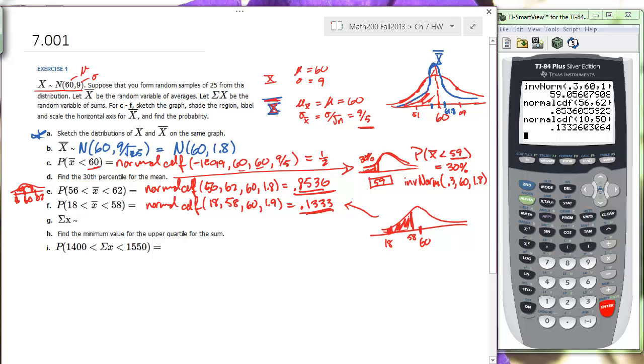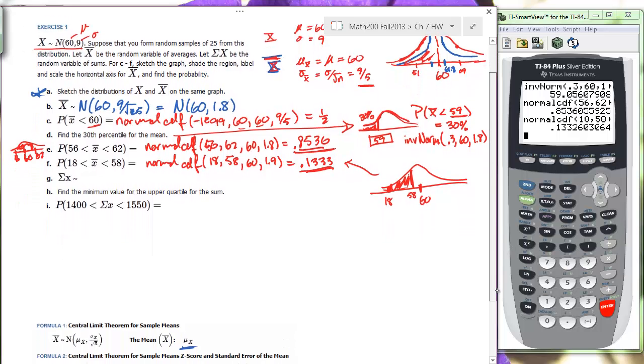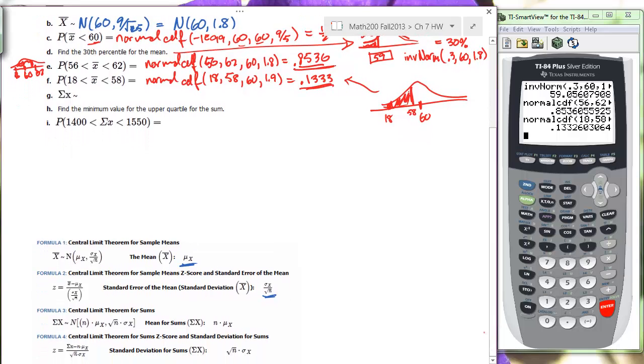Okay, the next question is going to be dealing with the sum distribution instead of the mean distribution, and for that we have to try to remember what the mean for the sums would be and the standard deviation for the sums, and so they're all based on that variable, and so the mu is going to change.